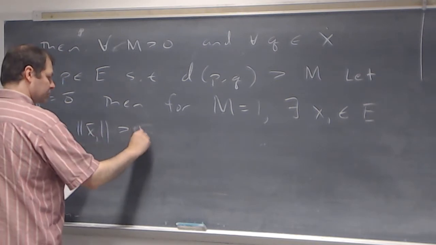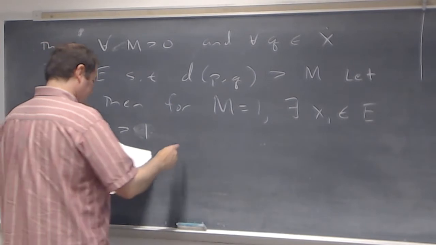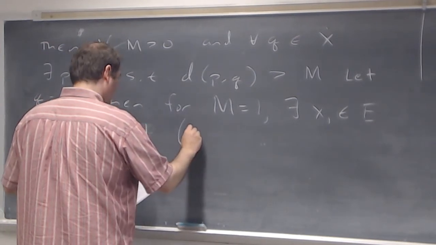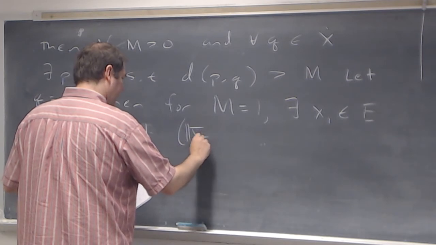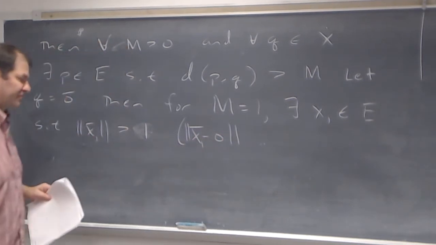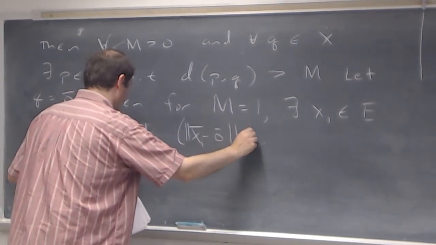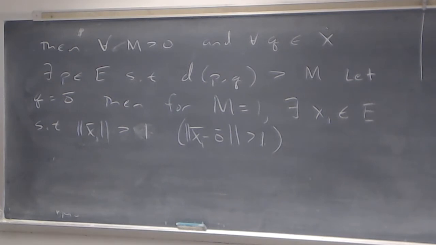Here we're thinking of this as the norm of x sub 1 minus 0, the distance that x sub 1 is from 0, which is going to be greater than 1.